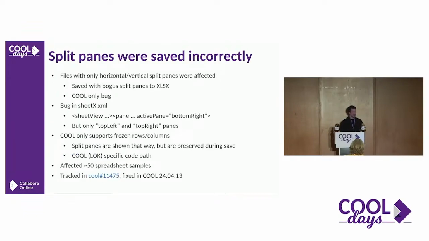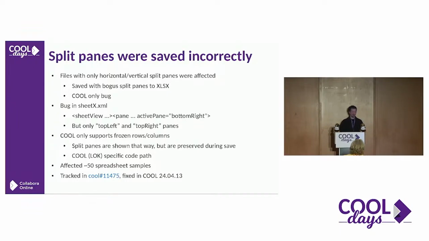And then finally, this is a Collabora Online only bug. So this did not occur in desktop, which also meant that it couldn't be bisected or tracked in desktop. But in this case, the split panes that were only horizontal or only vertical were saved incorrectly. And the XML had some bogus reference to panes that were not in the XML, like, for example, bottom right, but only top left or top right existed.